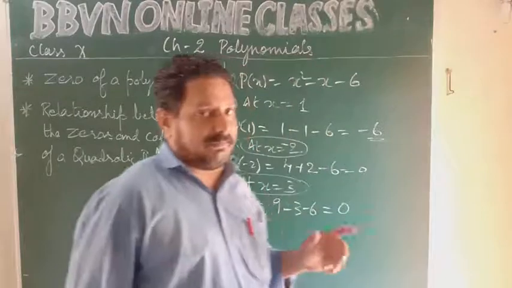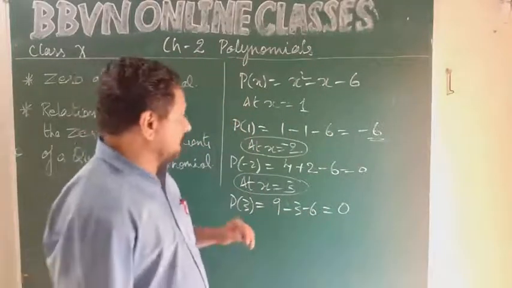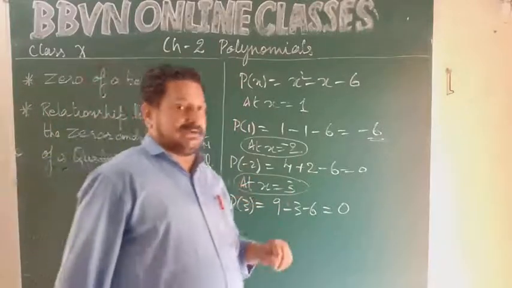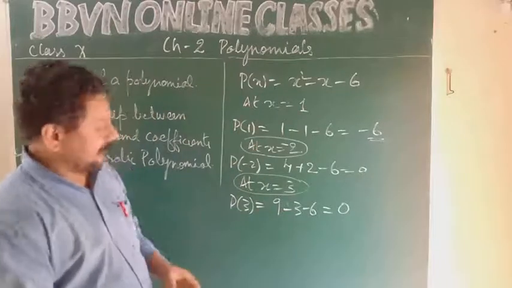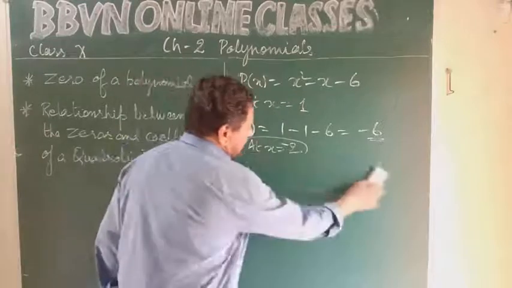We will understand it by the help of a graph. Don't worry, we'll come to that. Why do we have real zeros? Why don't we have real zeros? Whatever it is, this is what we say, 0 of a polynomial. So a quadratic polynomial can have maximum 2 zeros.